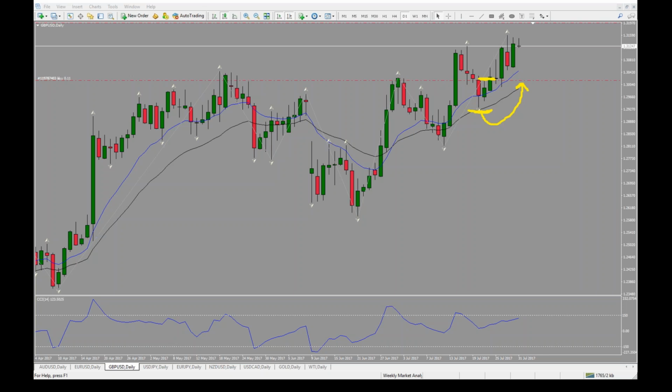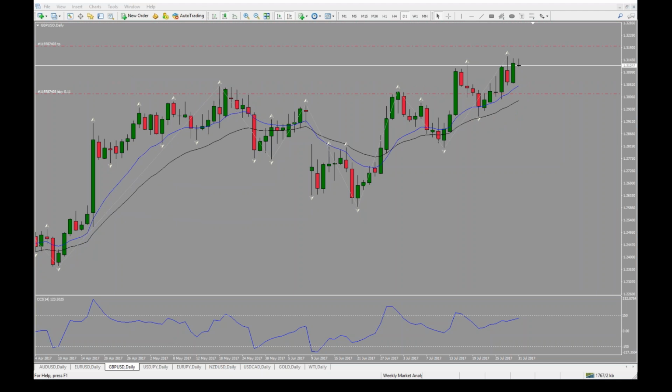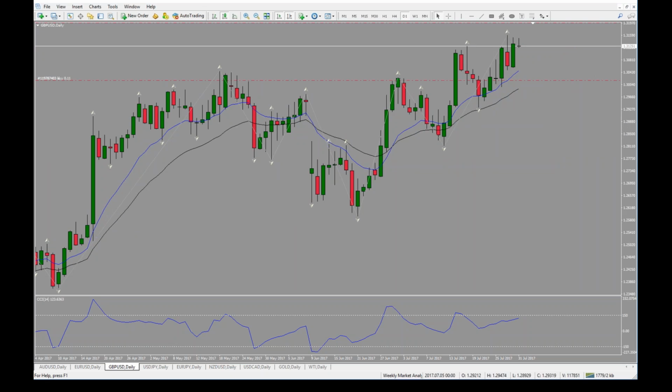Okay, and if I scrunch my chart a little bit, there's my second target. So this here is my 2-to-1 target. I'm hoping that we bust through this, hit that little line there, and then my trade finishes, and then I'll worry about the next trade later. So as it stands right now, let's pretend I had no trade in this at all, if I had 0 trades, let me see what I can find for us.